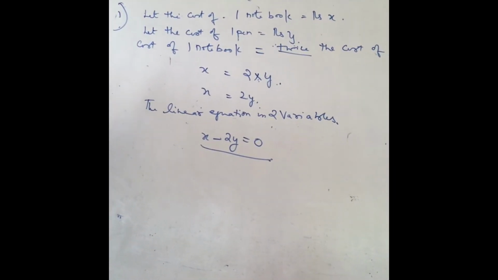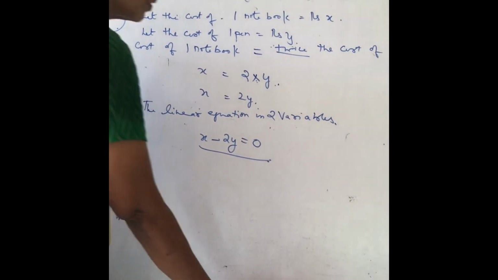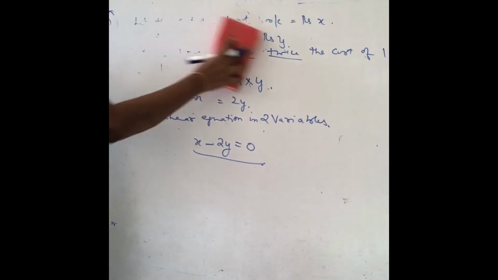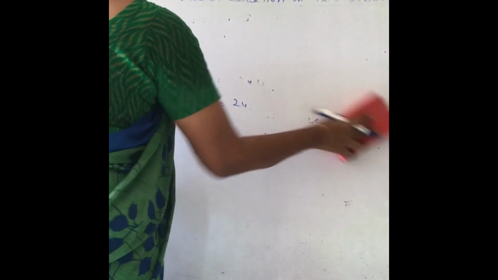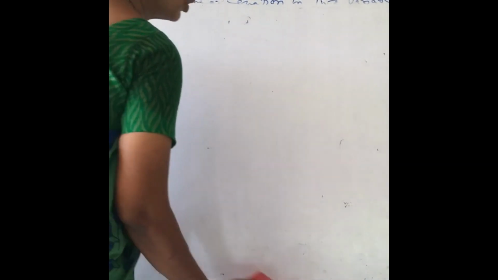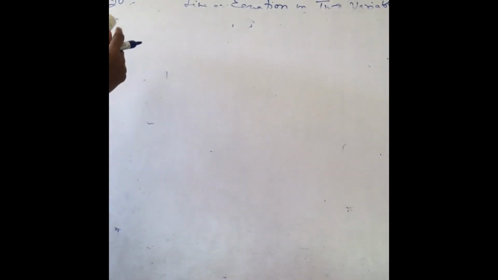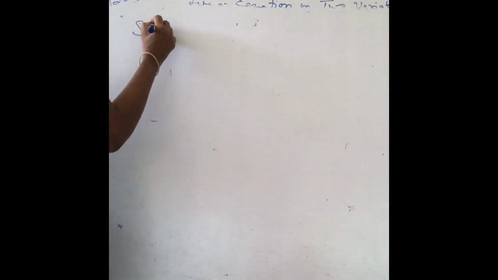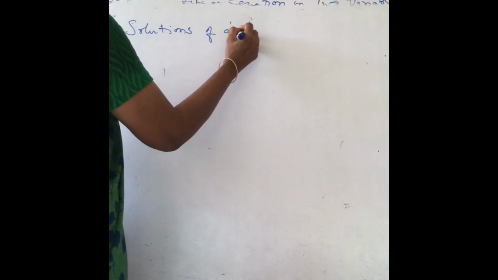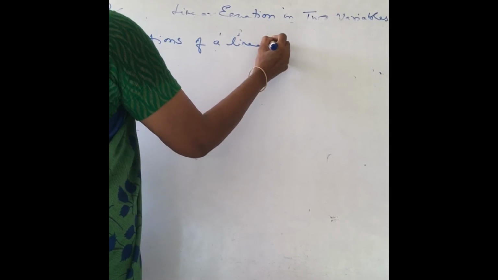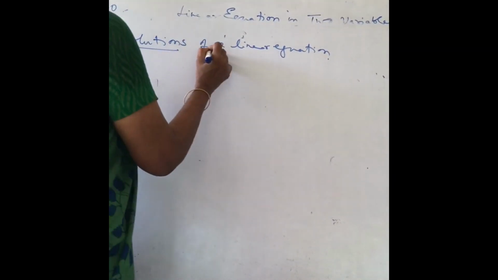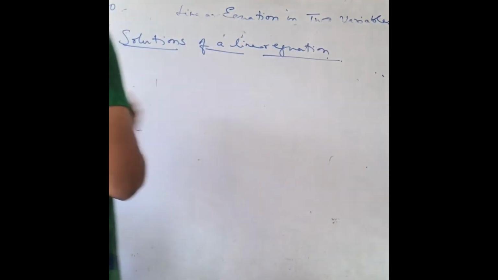How many solutions does a linear equation in one variable have? Only one solution. But when it comes to a linear equation in two variables, children, it has infinitely many solutions. Solutions of a linear equation.